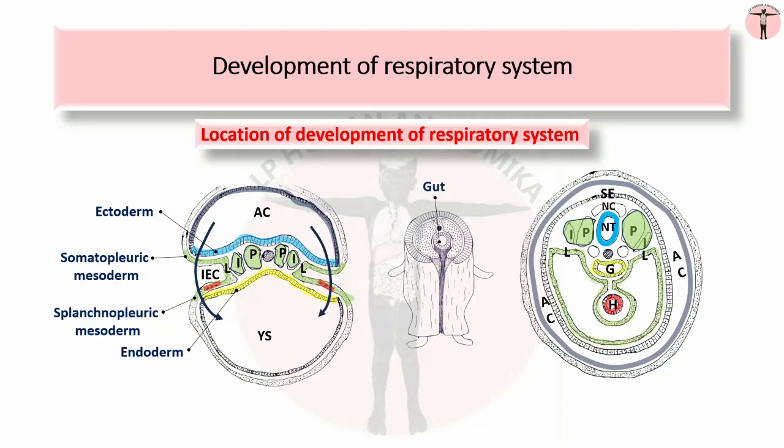The two layers of lateral plate mesoderm fuse with each other and separate the intraembryonic from the extraembryonic coelom, and the ectoderm fuses to form the surface ectodermal layer. The respiratory system develops from the laryngotracheal groove, which is developing in the endoderm of the cranial part of the primitive gut called the foregut and the surrounding splanchnopleuric mesoderm.